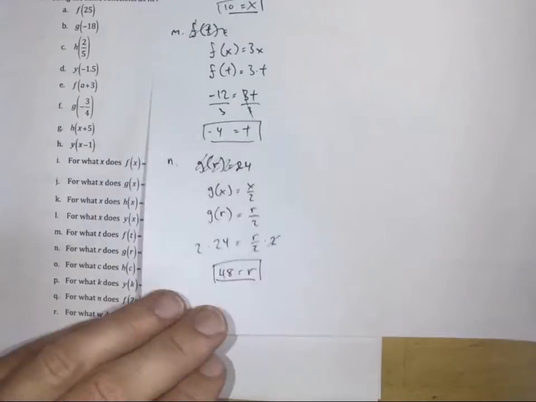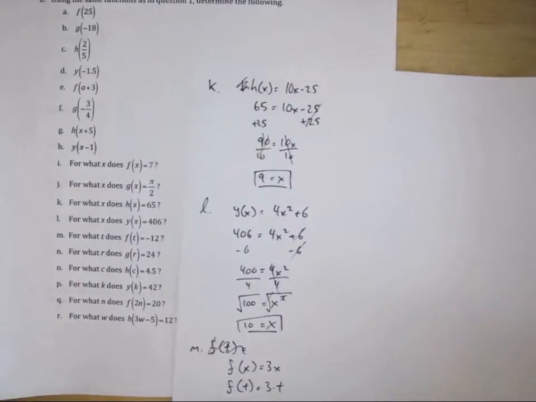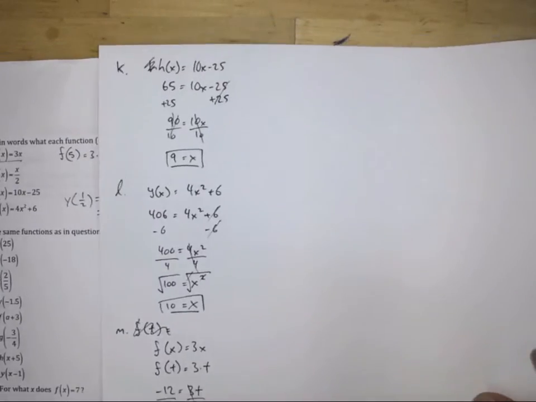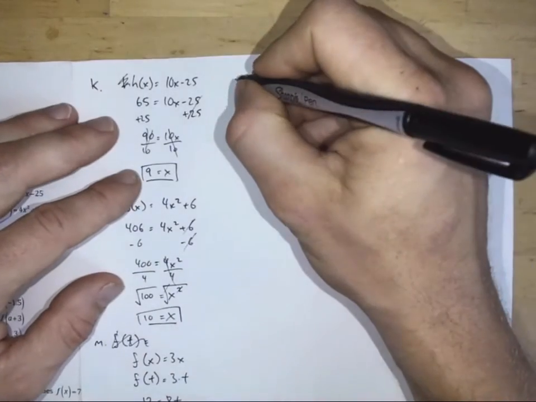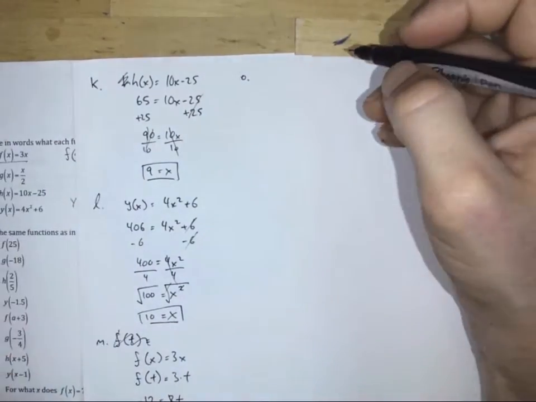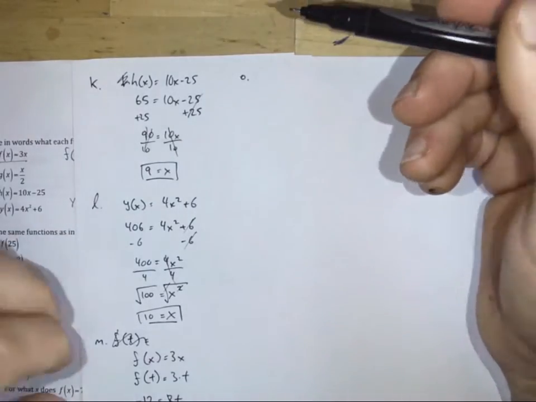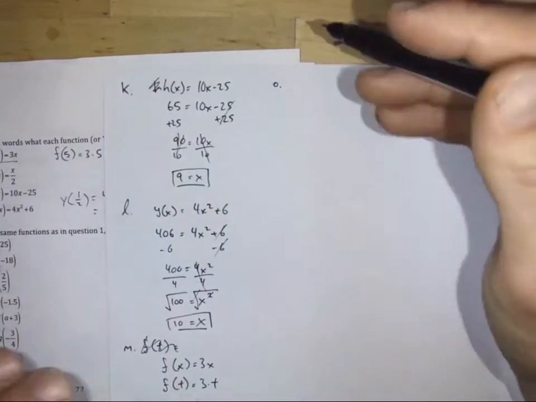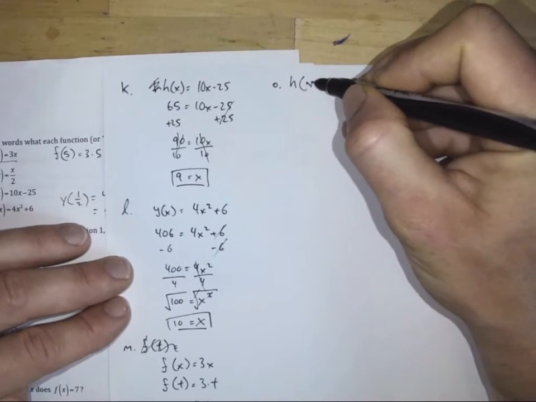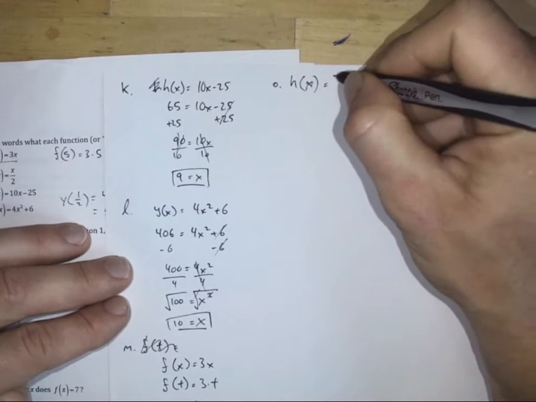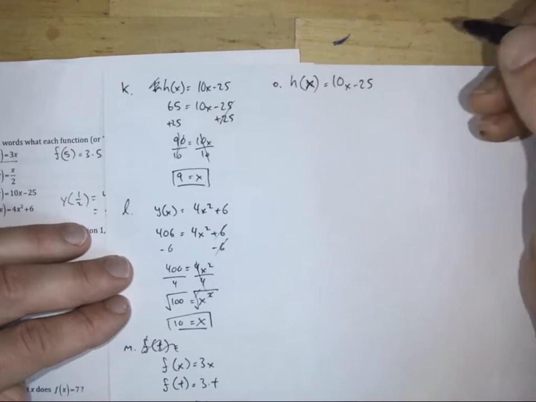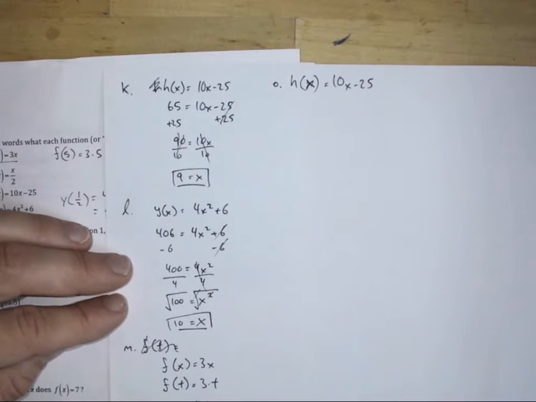All right, 4 more. I think I'll keep them on the same page here. So let's go up to O. So O refers to our h function, which says h of x is equal to 10x take away 25, a function that multiplies by 10 and takes the value 25 away.